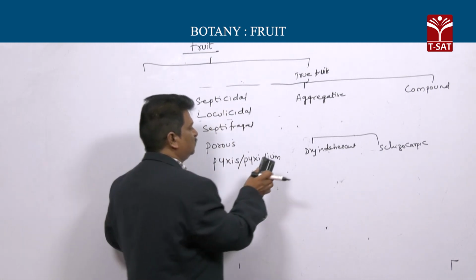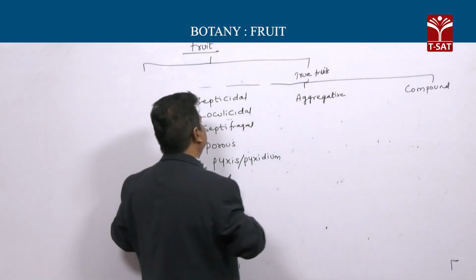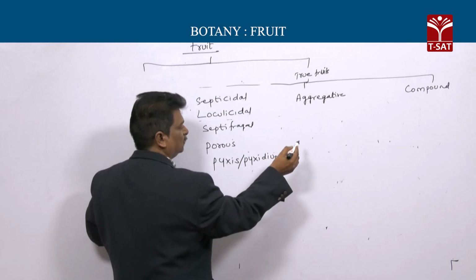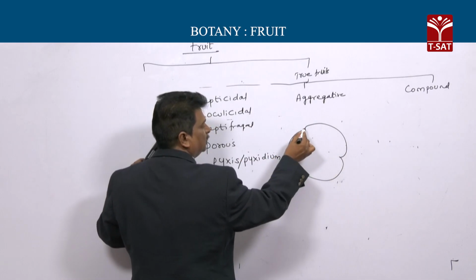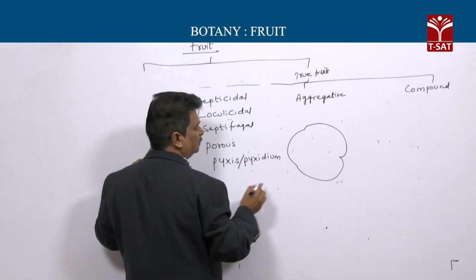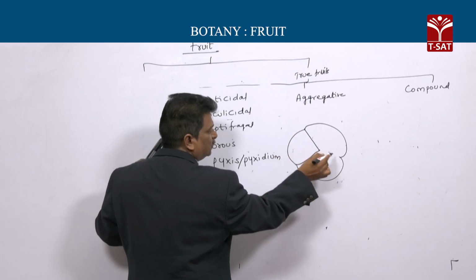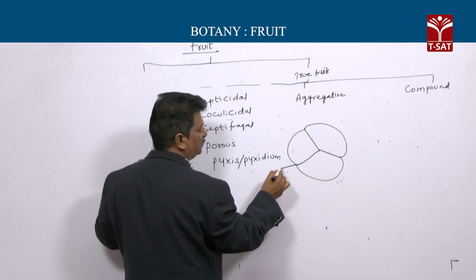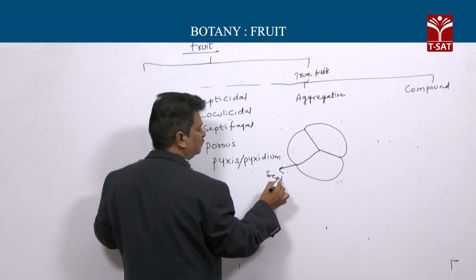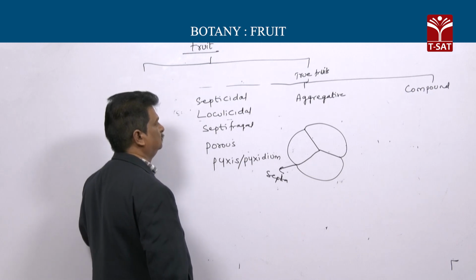So under this, first one, septicidal. For example, septicidal means this is one carpel, second like this carpel. Then after this, carpel grows inwards, and this portion is called septa.